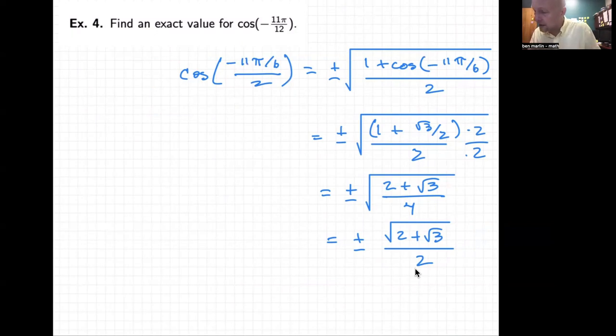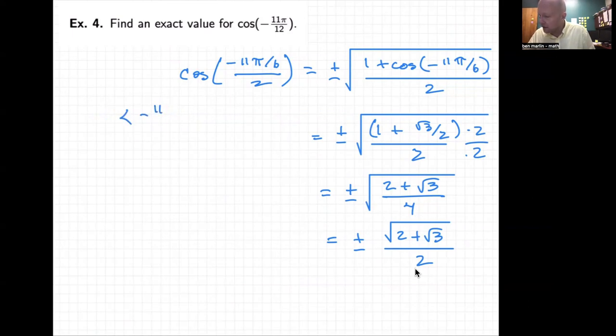So negative 1 pi is going to be less than negative 11/12 pi. Sorry, I needed to be saying negative 11 pi over 6.